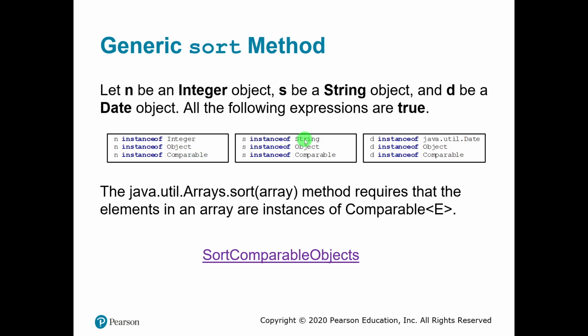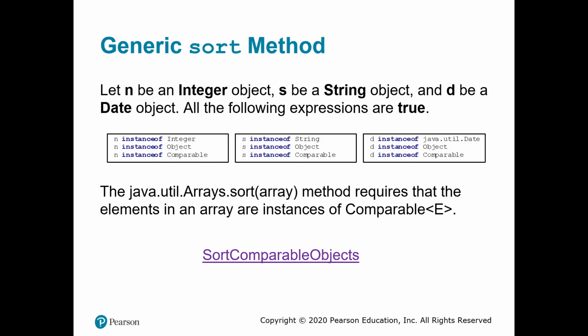The same is true of String: it's an instance of String, Object, and Comparable. And Date is an instance of Date, and an instance of Object because everything in Java is. All of them are instances of Comparable.